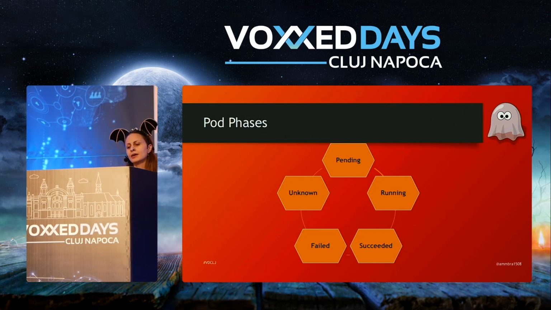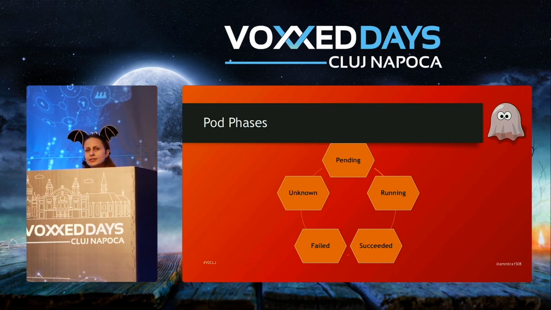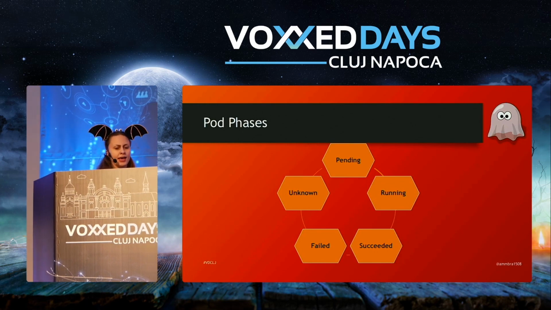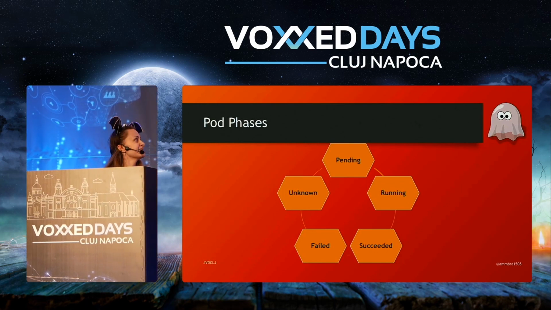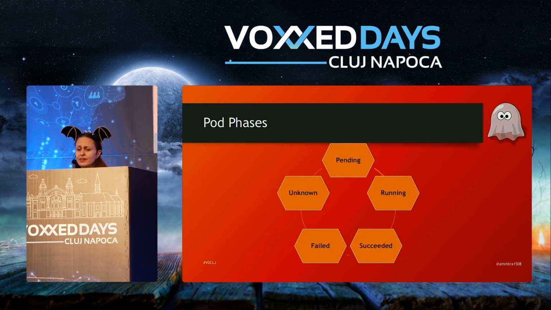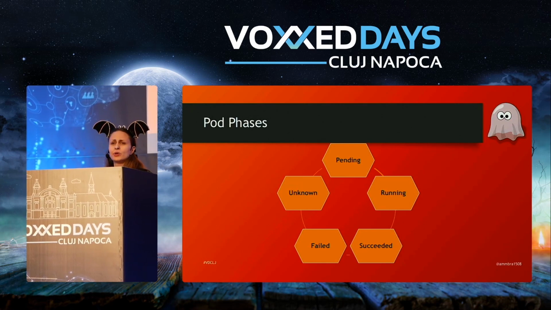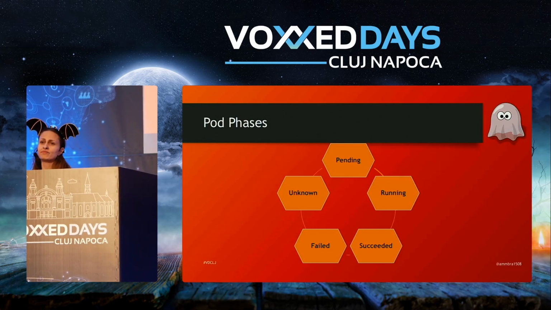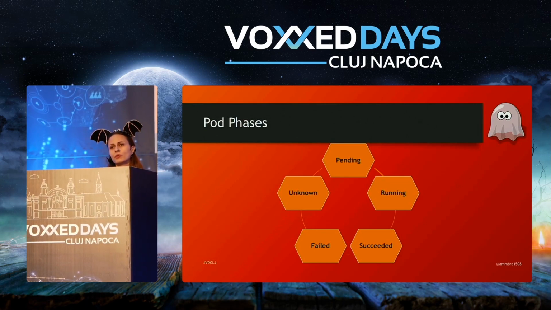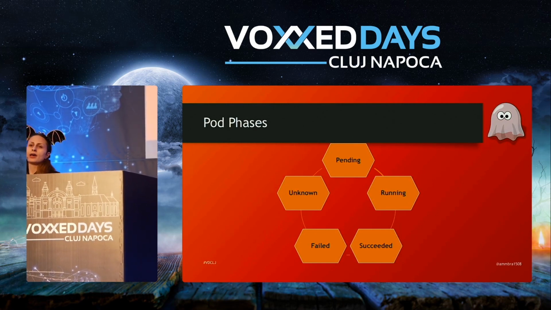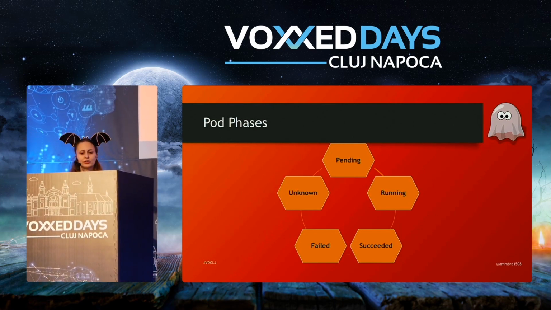Most of the time, pods in the succeeded phase are seen with jobs and cron jobs in Kubernetes. Also, you can have the failed state. This is not very nice. When you see a pod in the failed state, it means that something went wrong, it terminated with an error. This is what we don't want. And unknown is when it cannot be determined what the phase of your pod is. So it's none of the four, so the state is unknown.